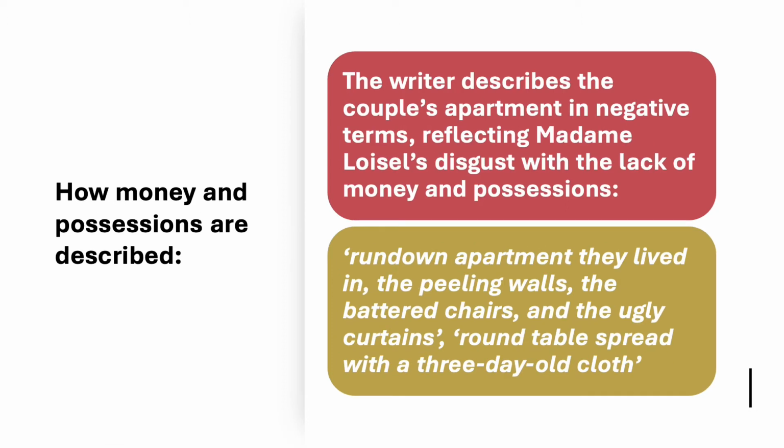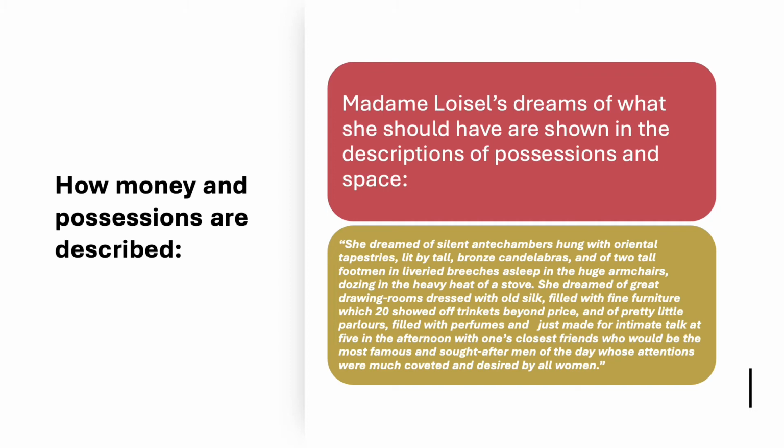And then the rundown apartment they lived in reflects Madame Loisel's disgust with lack of money and possessions. This point is expressed with a bunch of negative phrases like peeling walls, battered chairs, ugly curtains, and the table with a three-day-old cloth. At the same time, Madame Loisel's dreams are exposed with a list of luxuries such as silent antechambers with oriental tapestries, two tall footmen instead of their Breton girl, drawing rooms dressed with old silk, pretty little parlors filled with perfumes and all.